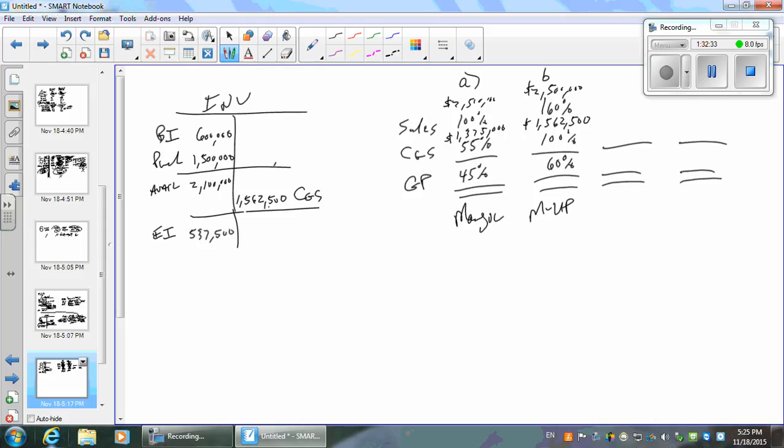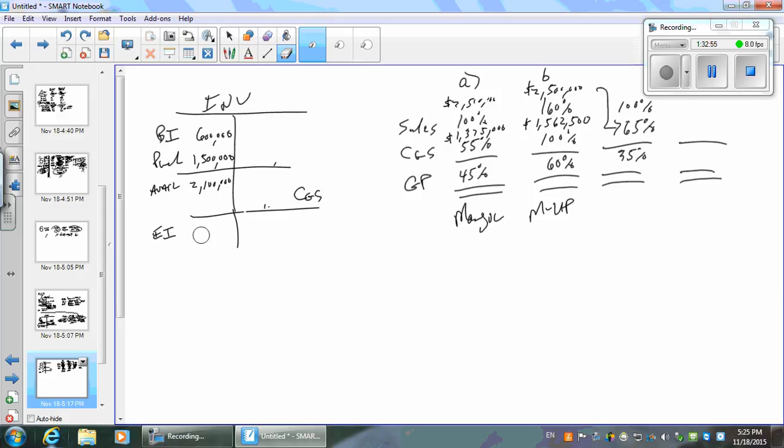What else do we need to do? Gross profit is 35% of sales. Sales are 100% of themselves. Gross profit is 35%. My cost of goods sold is going to be 65%. 2,000,000 times 65%. All right, guys? So what's my cost of goods sold? And therefore, what's my inventory? That's all you had to do.